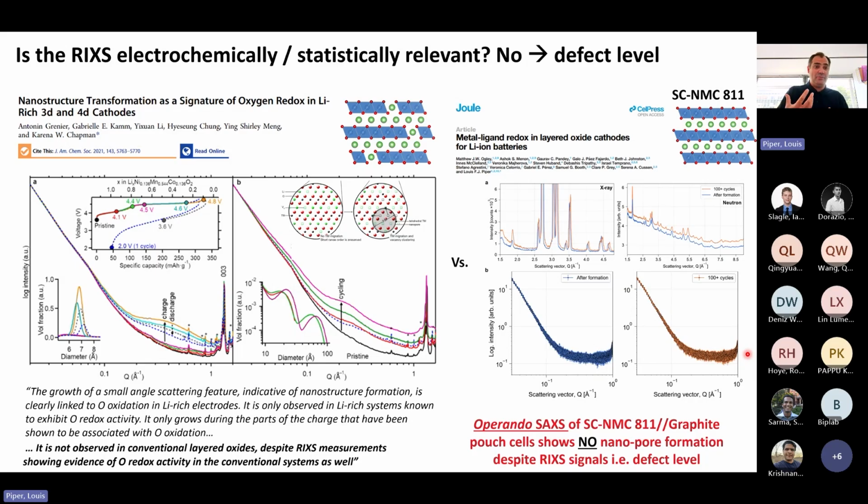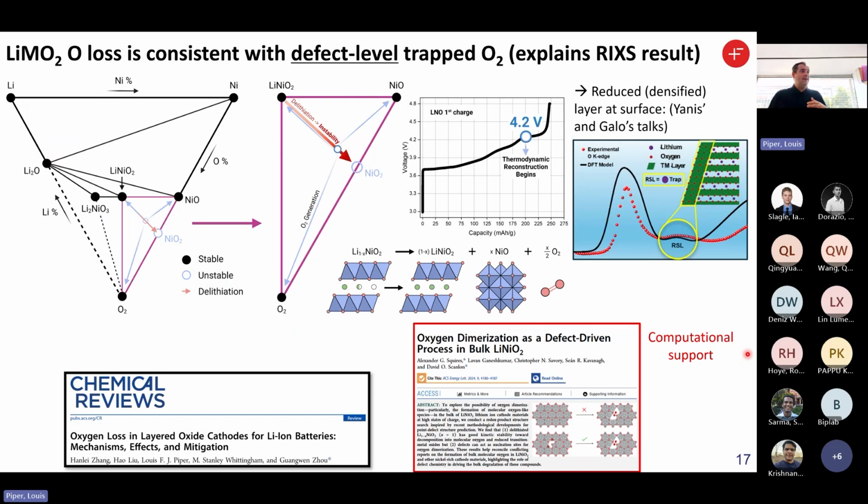So that would be consistent with it being a defect, whether that's induced by the beam or whether it's associated with the growth. And that's where we were pointing to the fact that if we look at lithium nickel oxide as our example, as an endpoint, essentially it's thermodynamically unstable with respect to nickel oxide and O2.